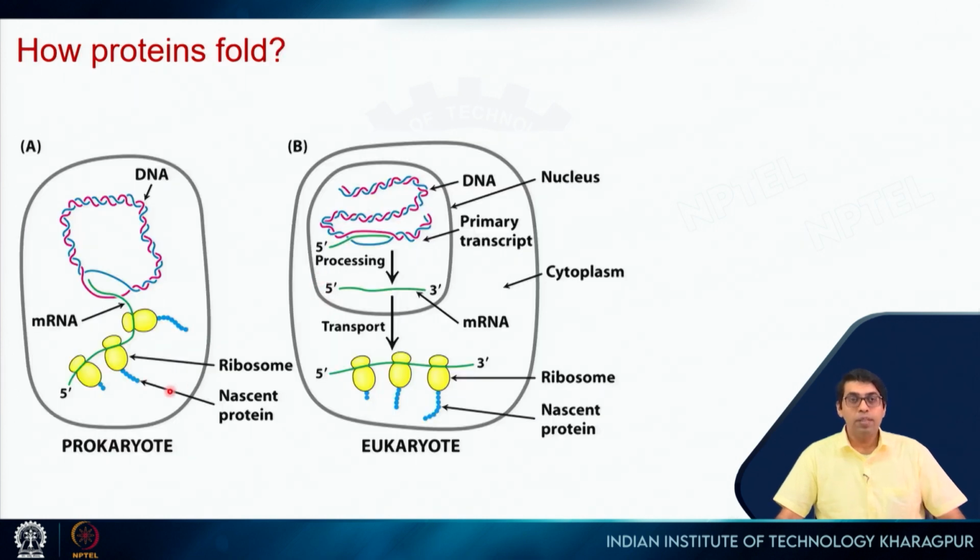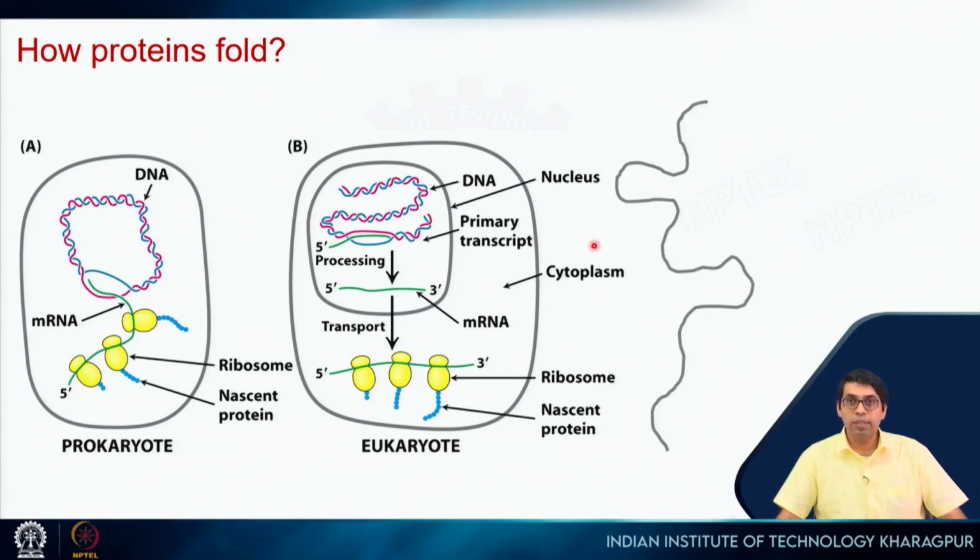Proteins, we have already seen, are synthesized by ribosomes like this. In the case of bacteria, transcription and translation occur simultaneously, whereas they happen in 2 different compartments in the case of eukaryotes. However, what the ribosome does is connect the consecutive amino acids depending on the mRNA sequence.